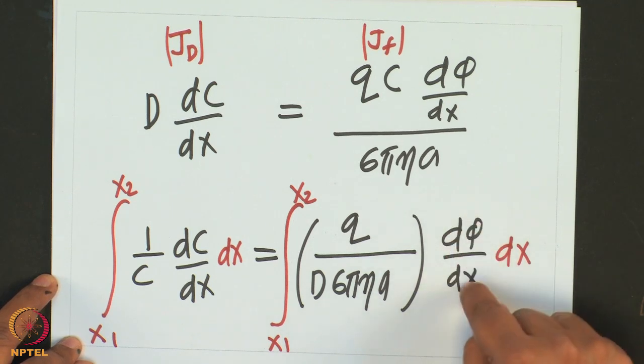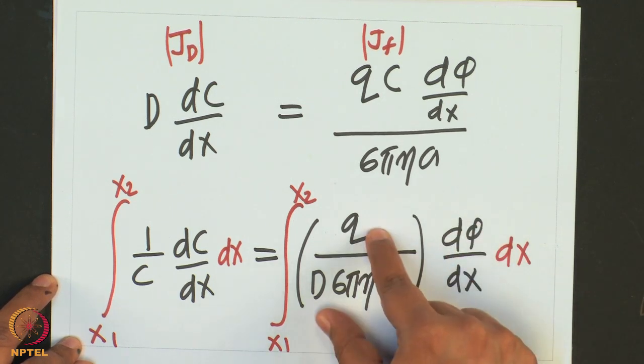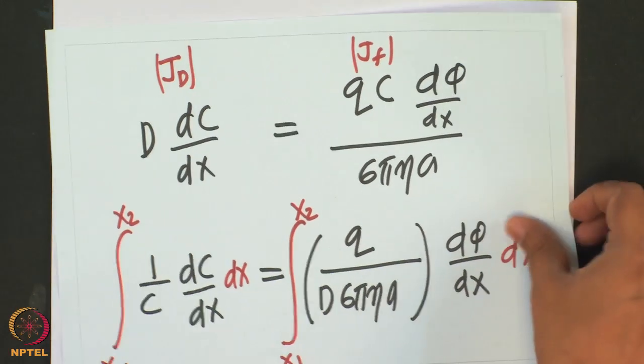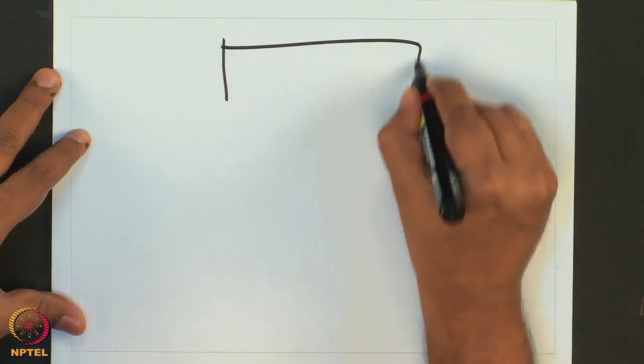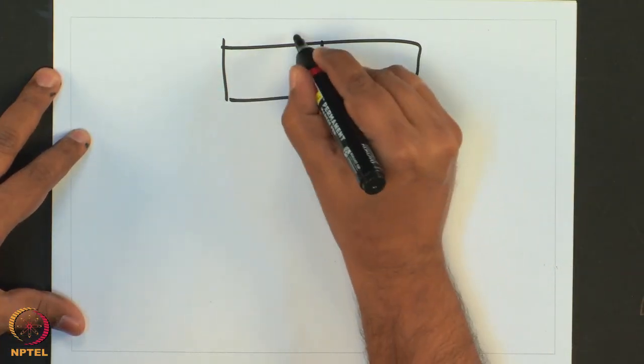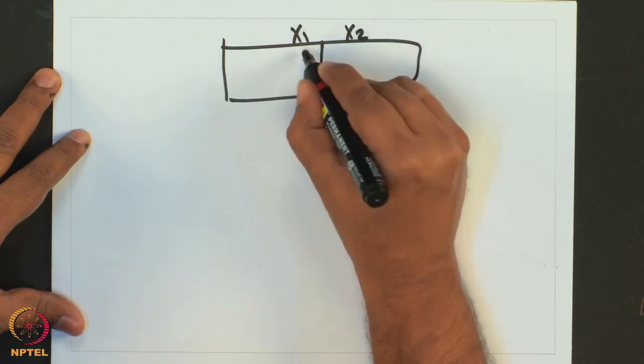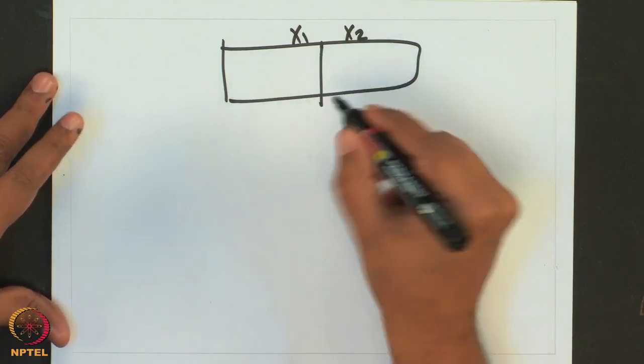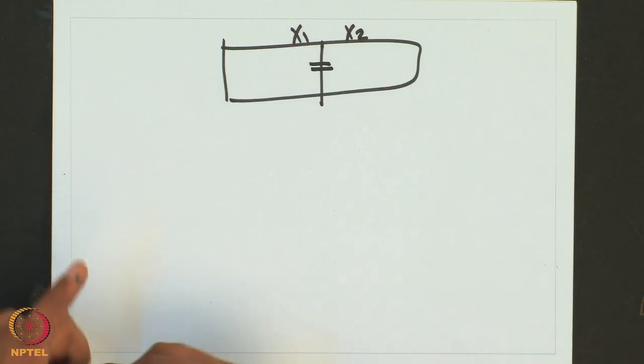This is a constant. What do we get essentially at the end of the day? First of all, x1 and x2 are this side and this side. This is across the channel, both sides.